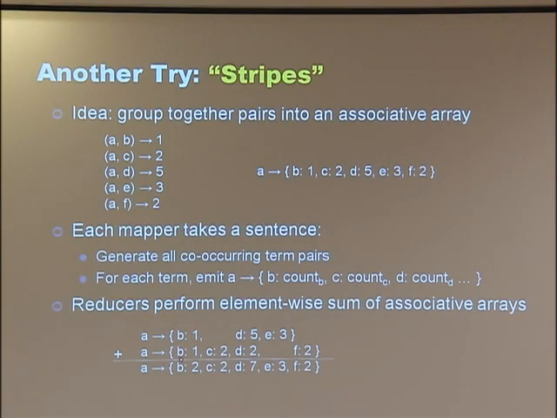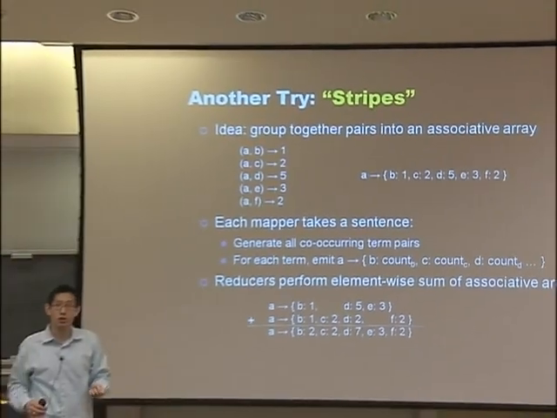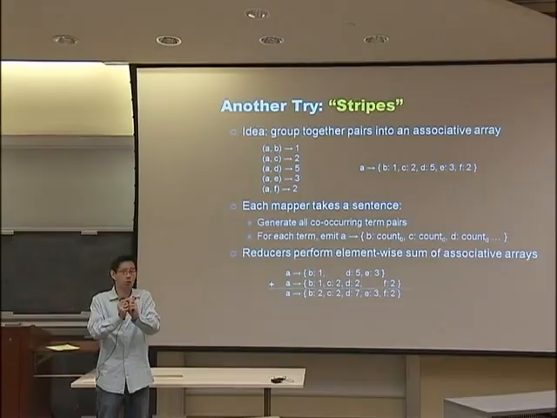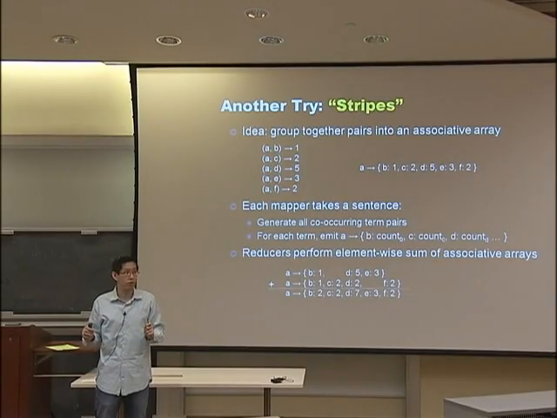The reducers are going to get different fragments of these associative arrays. You're simply going to do an element-wise sum. If you think of the pairs approach as each pair representing a cell in the matrix, the stripes approach is representing each row of the matrix at once.